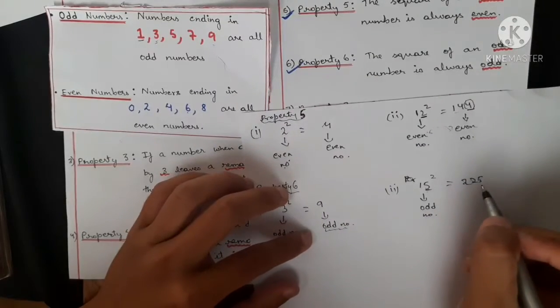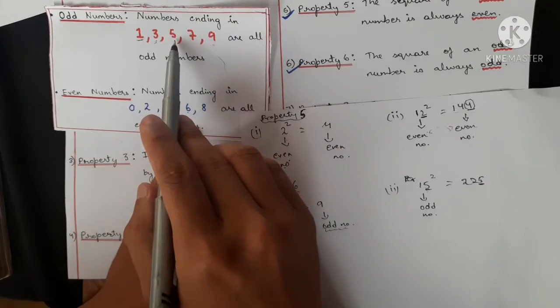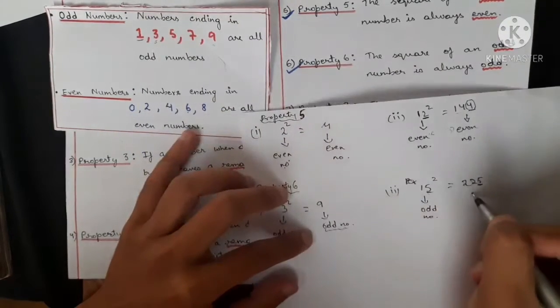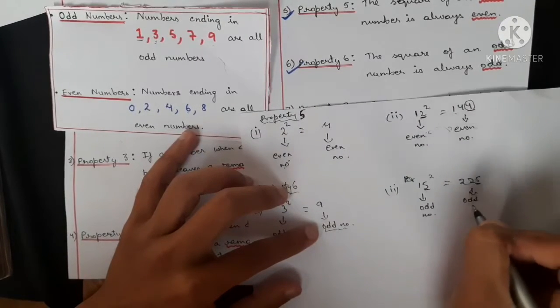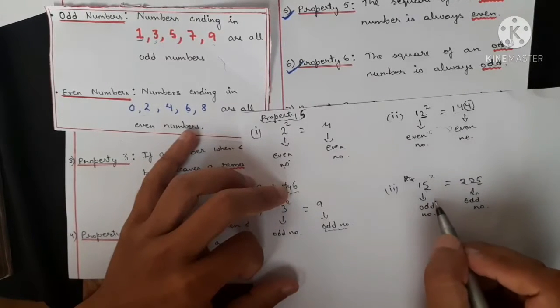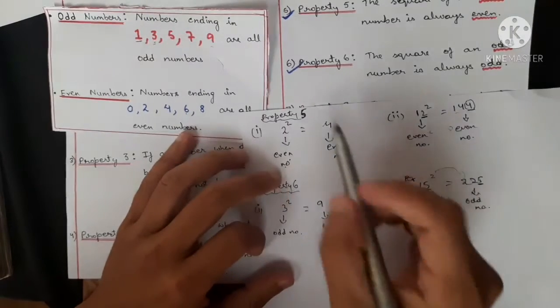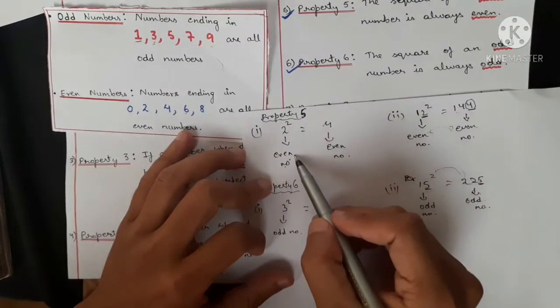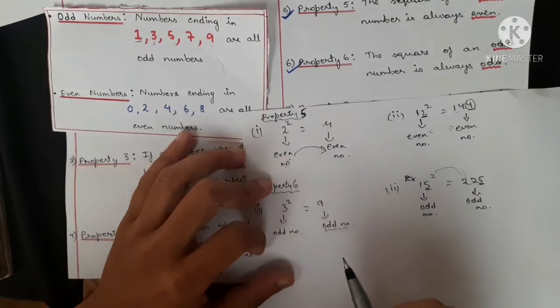And 225 ends in 5, and 5 is an odd number. So 225 is an odd number. Hence, when you square an odd number, the result is an odd number. This is property 6. And property 5 says that when you square an even number, the result is also an even number.